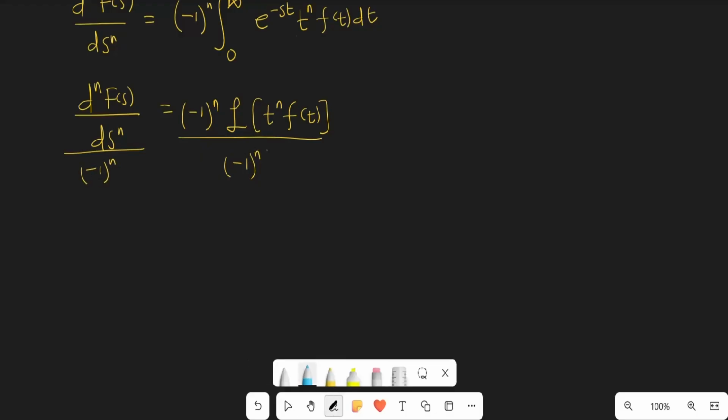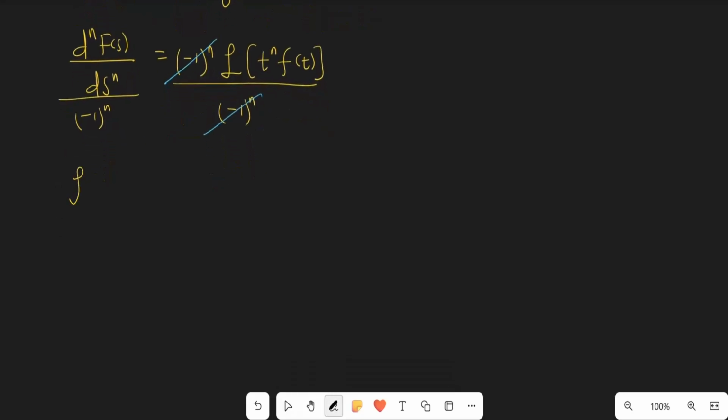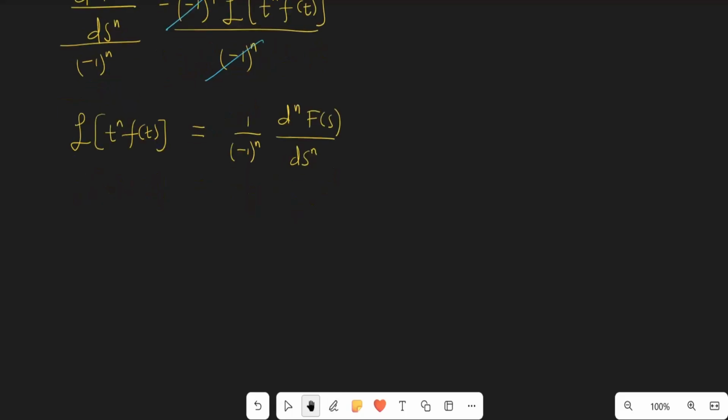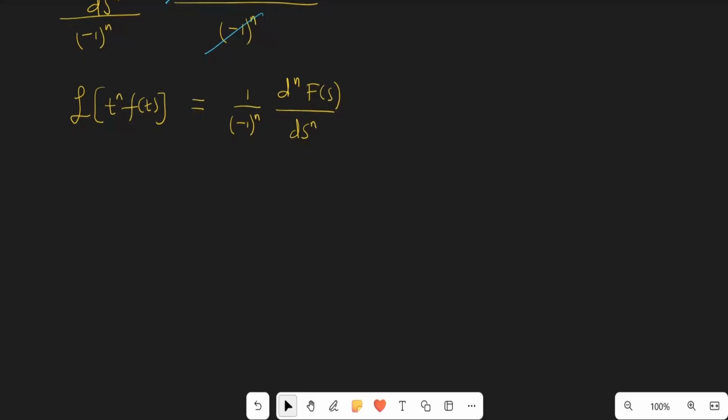When I do that, this one is going to cancel with this, and now what is left is the Laplace transform of the function that we want, t to the n multiplied by f of t, and this is equal to what? So this is equal to 1 over negative 1 raised to the power n. This is multiplied by the nth derivative with respect to s of the Laplace transform of f of t.